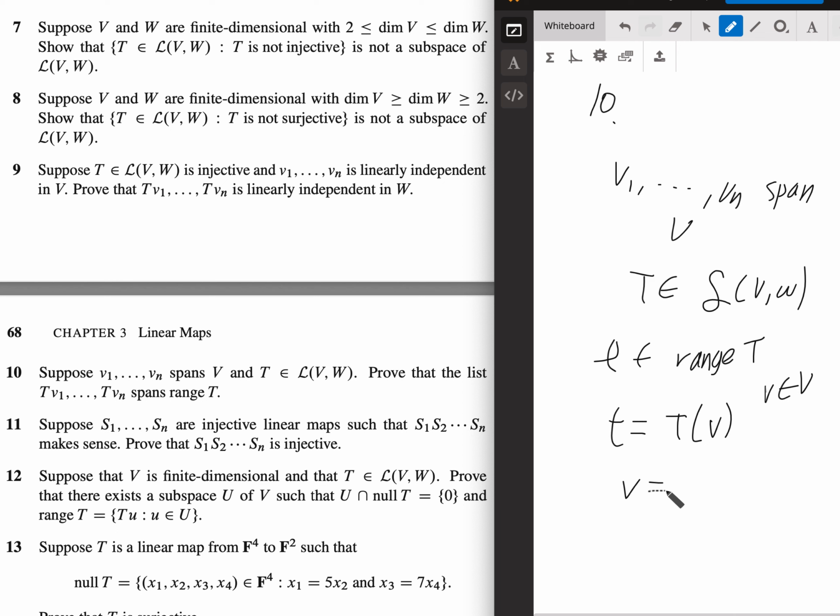And then that input is broken down into a linear combination of the spanning set of V.